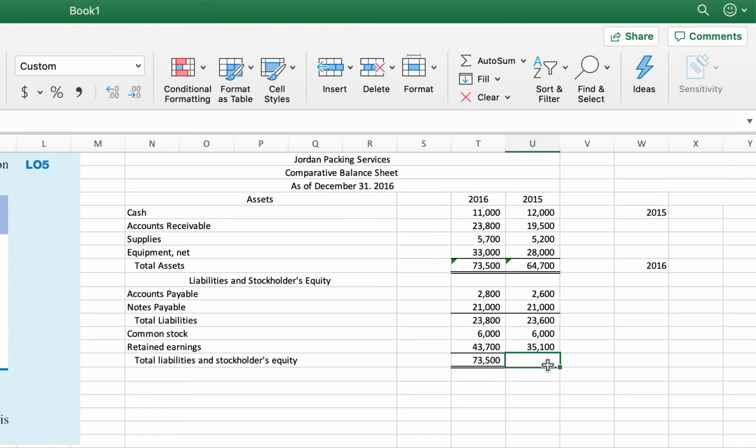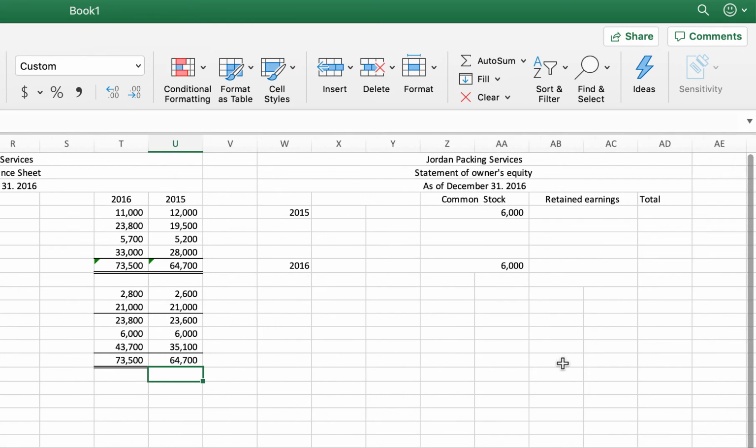I'm a little anal when it comes to spreadsheets. Again, I'm a nerd. I think they're super cool. So I'm going to add my total liabilities plus my common stock plus my retained earnings. Yep, did it right. Assets are $64,700 in 2015, which equals my total liabilities and stockholders' equity of $64,700.